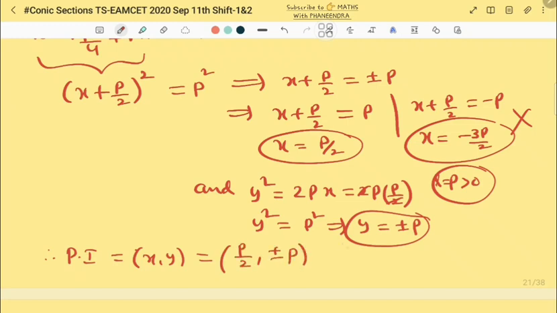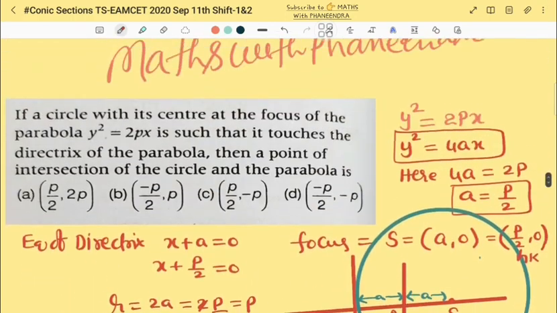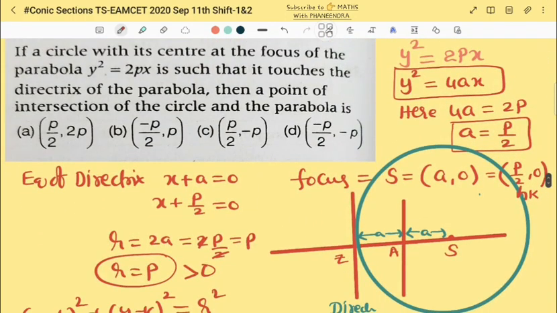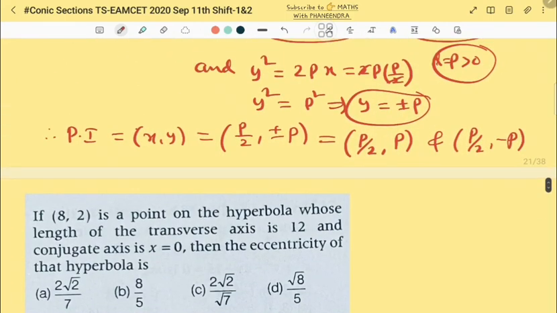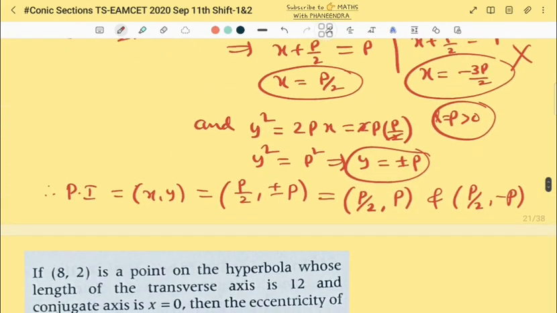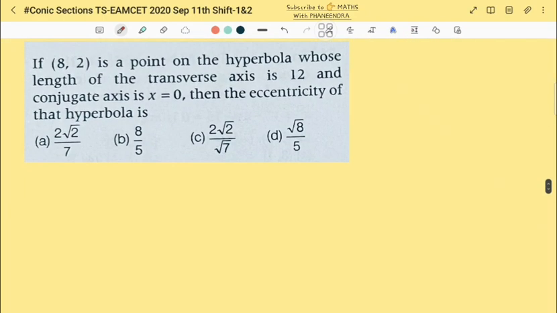So the 2 points are there: p by 2 comma p and p by 2 comma minus p. So I will check it. So according to that, the third option, we have both the answers correct, p by 2 and minus p. So we will move on to the next question, dear students.